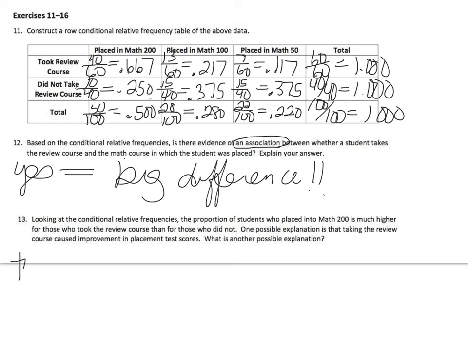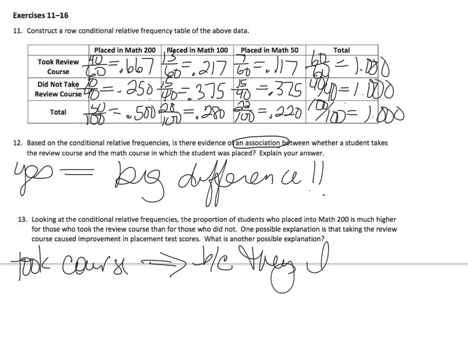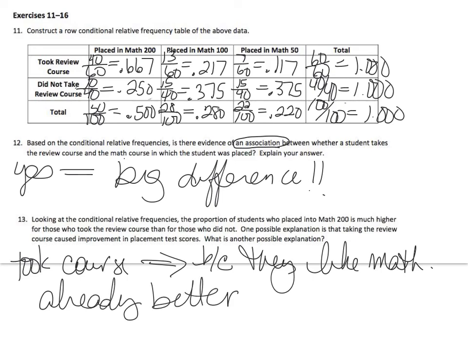Maybe students that took the course, they like math. They like taking extra courses because they like the math. So they like math, they took the course, they placed higher, they were already better prepared. I don't know. Those sound like good ones.